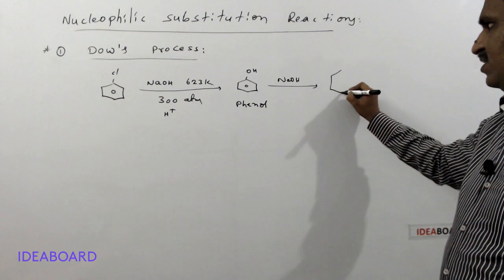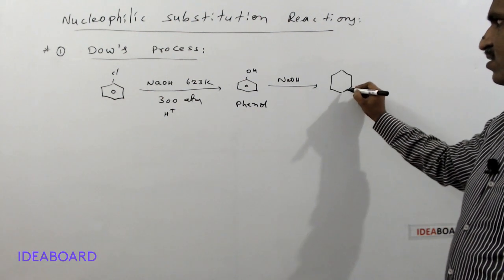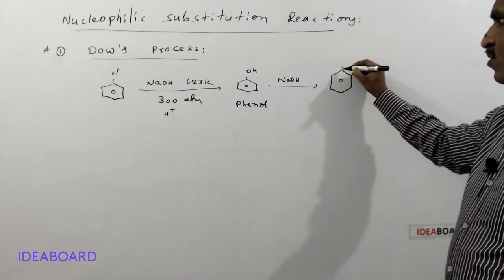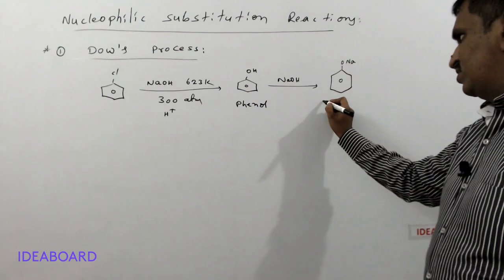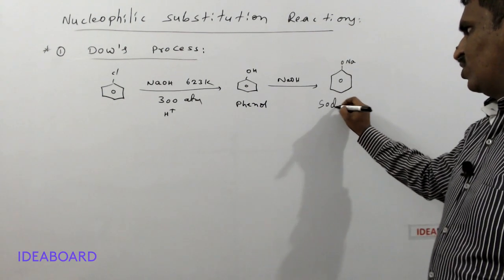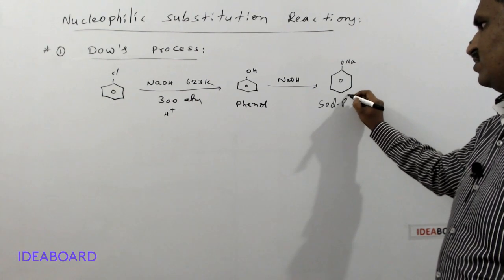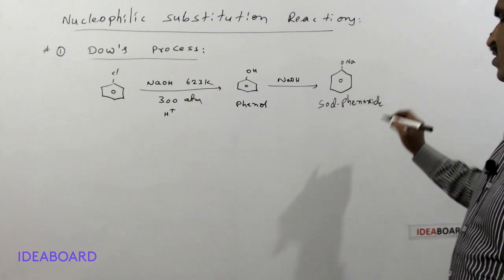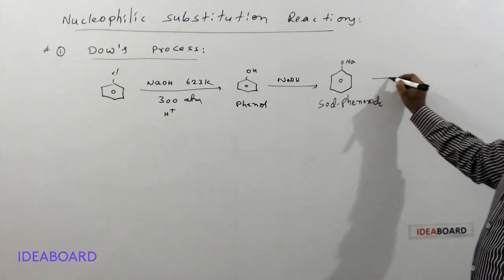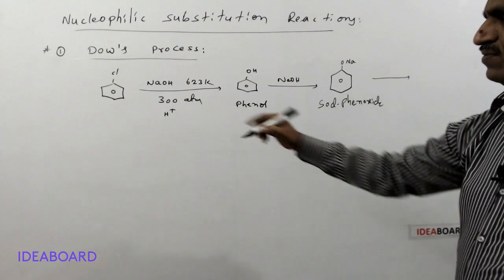So it is converted into ONa, and a salt is formed. This is known as sodium phenoxide, and this sodium phenoxide reacts again with H plus.